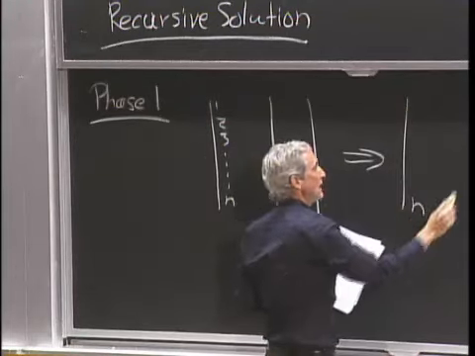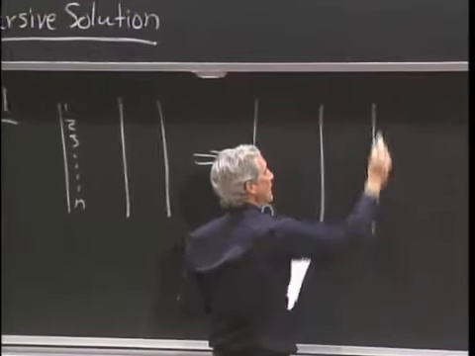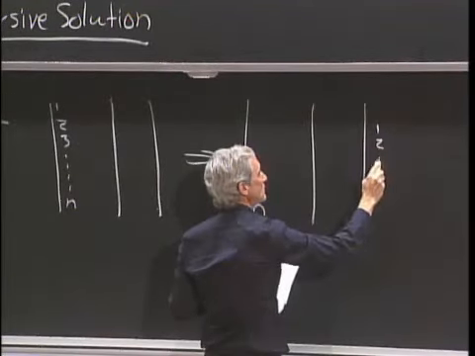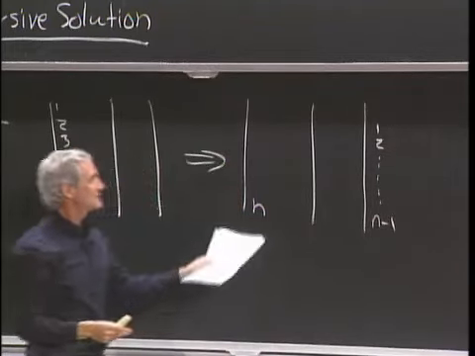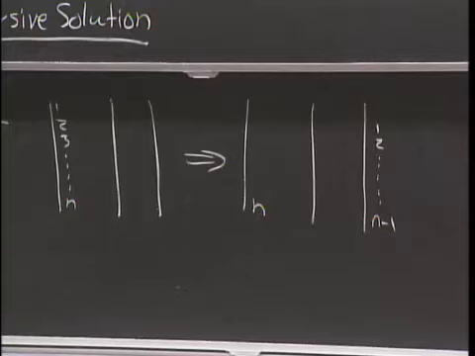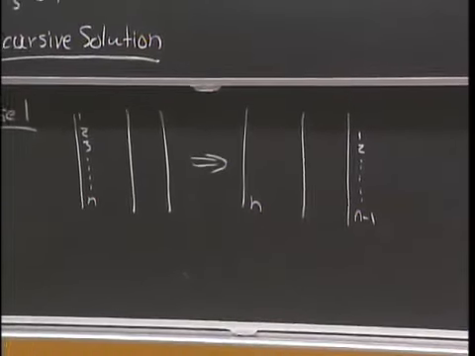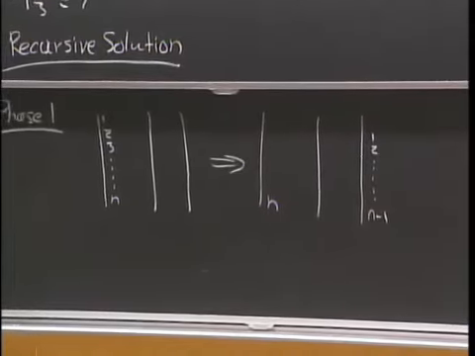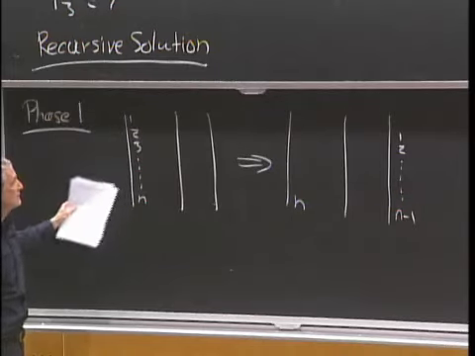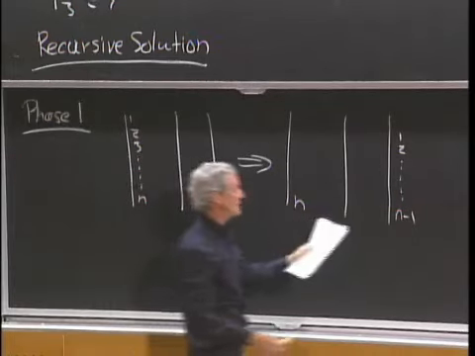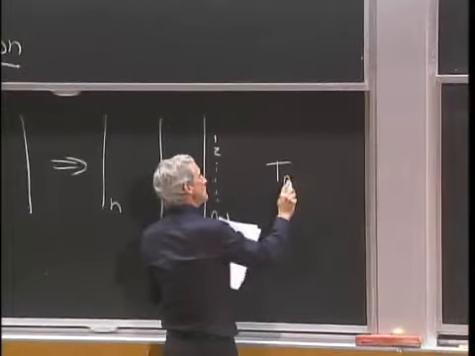So I leave the nth guy there, nothing here, and I go 1, 2 to n minus 1. How many steps does that move take? That series of moves, that phase, in terms of T? T of n minus 1, because I'm taking an n minus 1 disk stack and moving it, so that is T(n minus 1) steps.